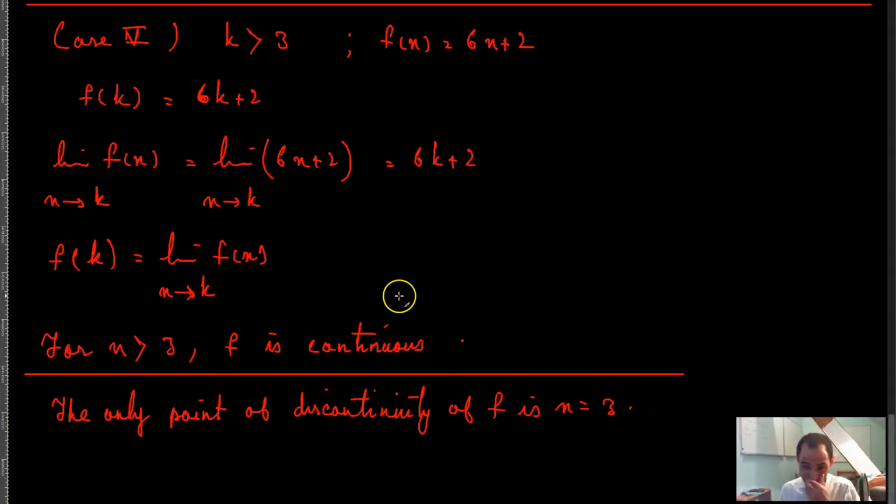Now, as you can see, of course, there are all kinds of calculators that would tell you in just a fraction of a second all of this information, where the function is continuous, where it's not, and so on. It took us about 40-50 minutes to consider all of these cases.